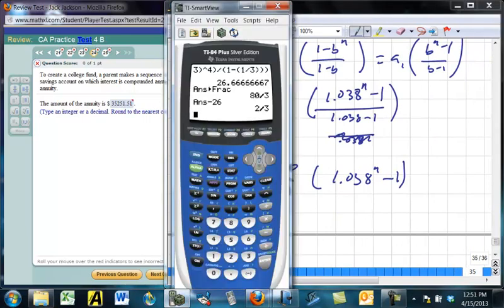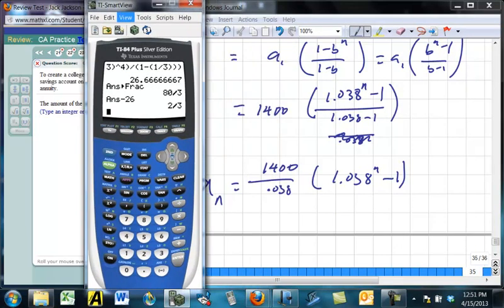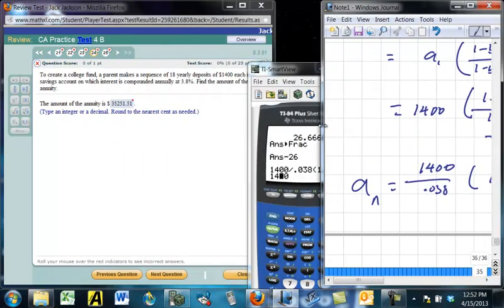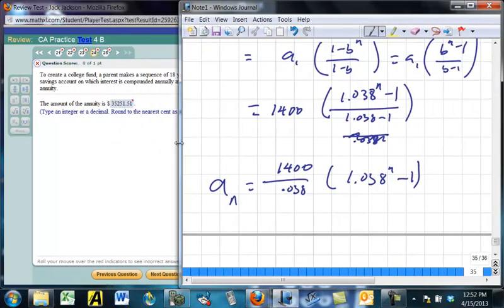Let's do it on a calculator. 1400 divided by 0.038, 1.038 to the power of 1400. No, not 1400. How many years? 18. Just the power 18.